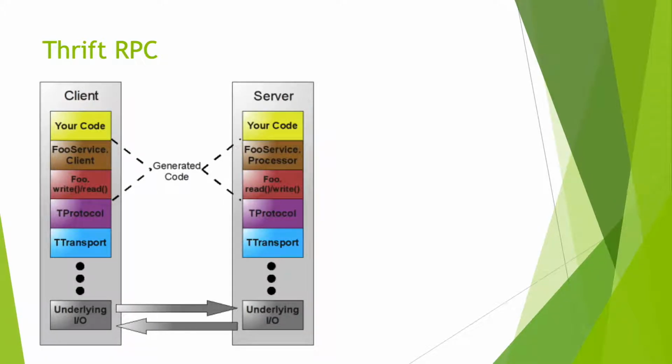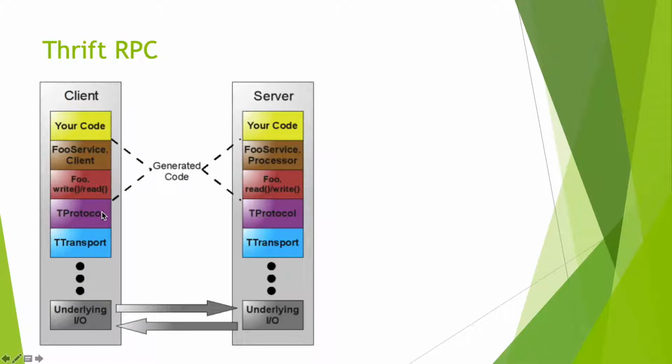This was first published by Facebook, and now it's managed by the Apache Software Foundation. As you can see, this is the architecture of Thrift. The interface that will be exposed is generated as the server processor, and the client-side skeleton program will also be generated.